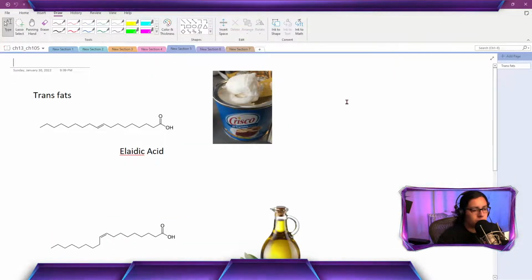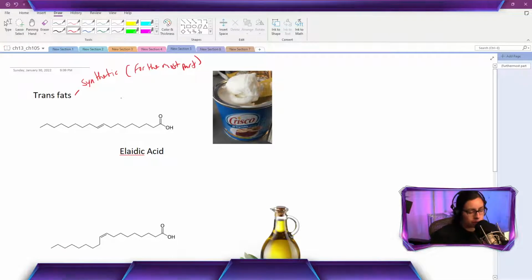So what's pretty interesting about these trans fats is they're, for the most part, synthetic. So I think there is a small amount of naturally occurring trans fats, maybe about 5% of animal products.